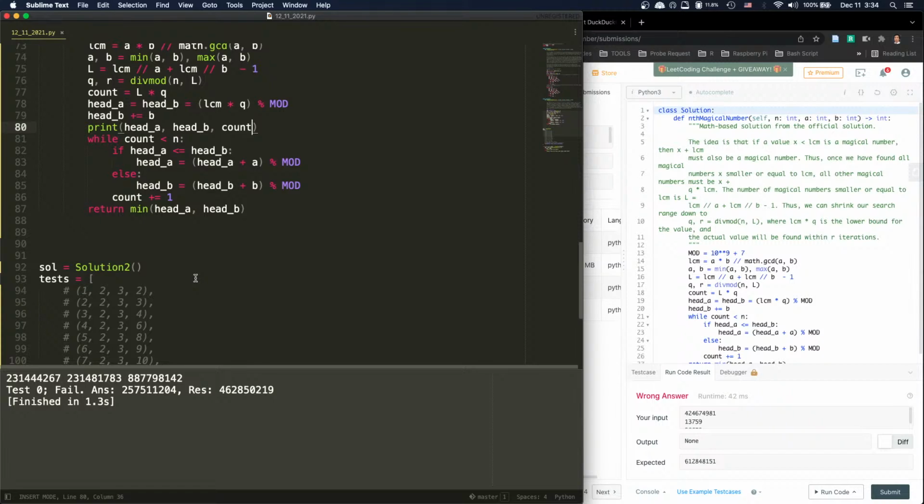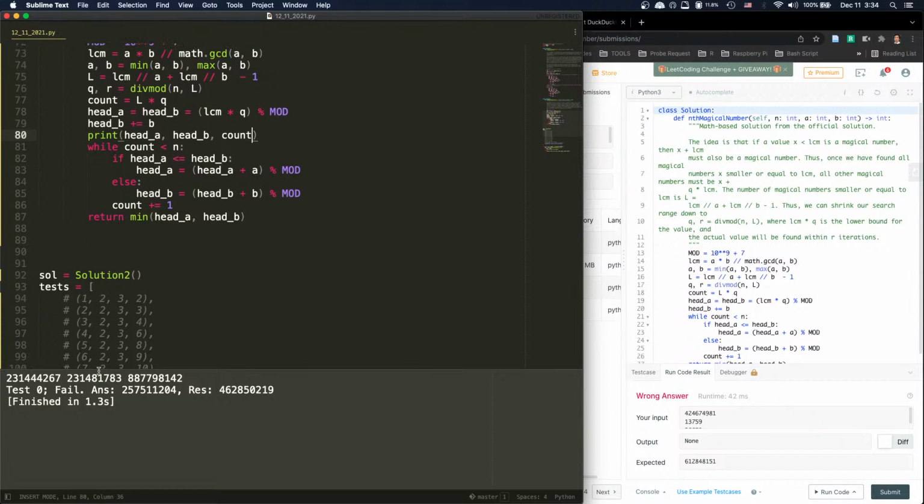So now this one is smaller than this, so we just take head A. Okay, we do A. And then if A is larger, then we'll increment B. And every time we increment, we will record a count.